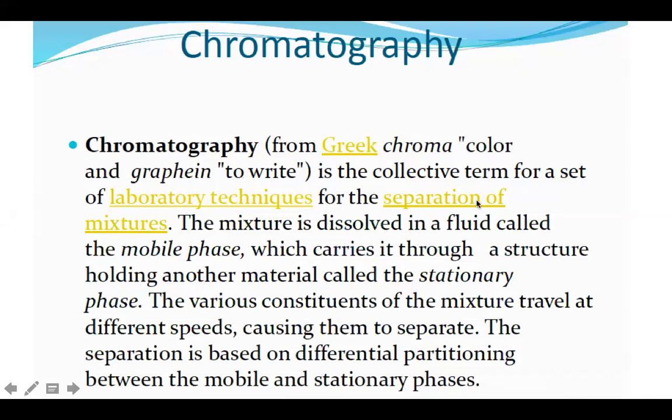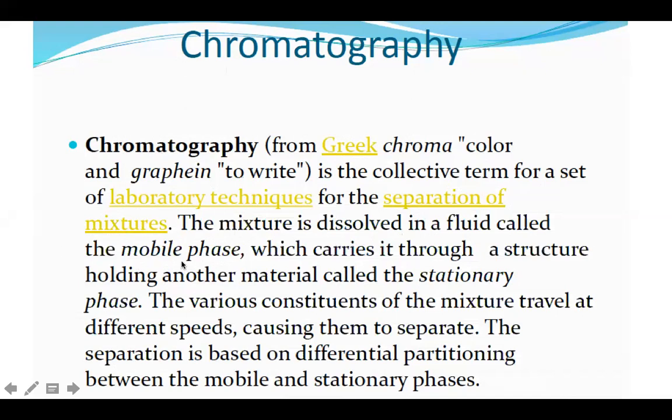So different chemical substances, when they are in mixture form, and if we wish to separate and purify a target compound, bioactive compounds, for example, then we use chromatography. Initially the mixture is dissolved in a fluid called the mobile phase.